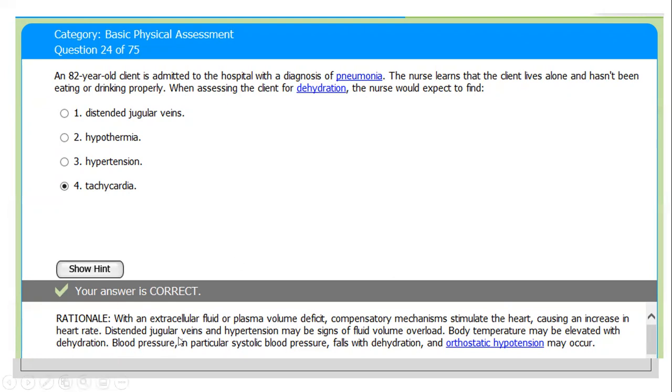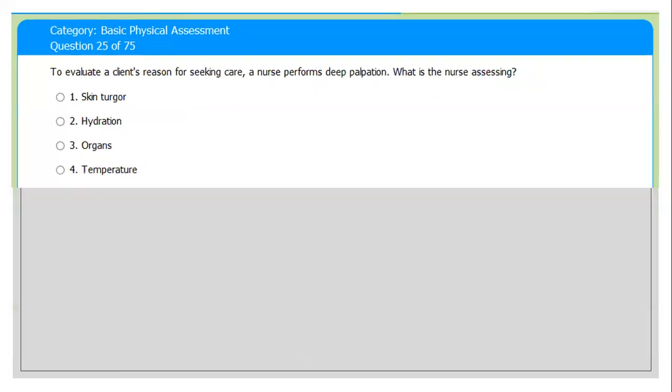So distended jugular vein and hypertension may be signs of fluid volume overload. The body temperature may be elevated with dehydration. Blood pressure, particularly systolic blood pressure, falls with dehydration, or orthostatic hypotension may occur.